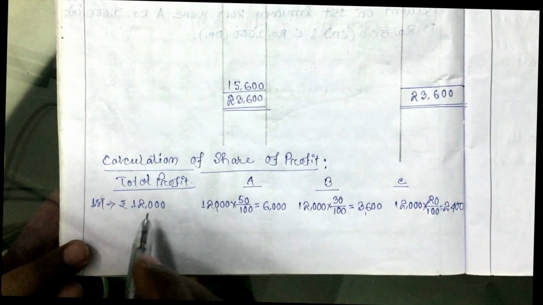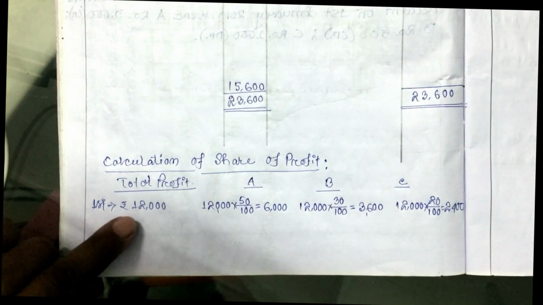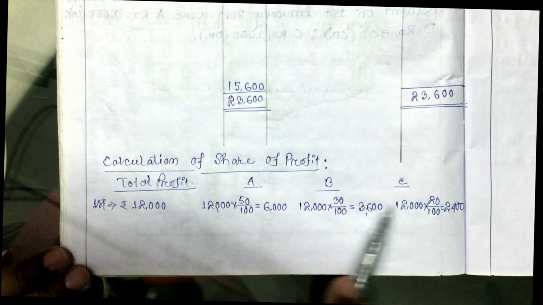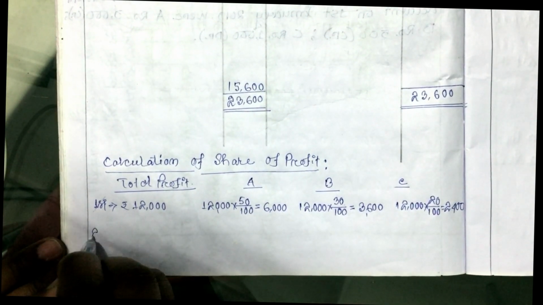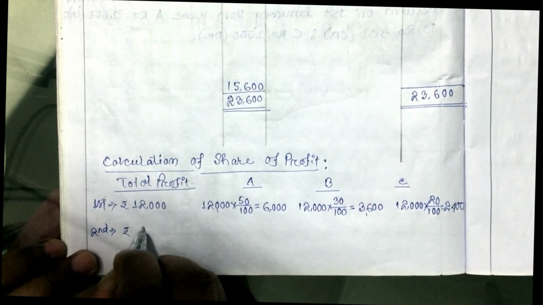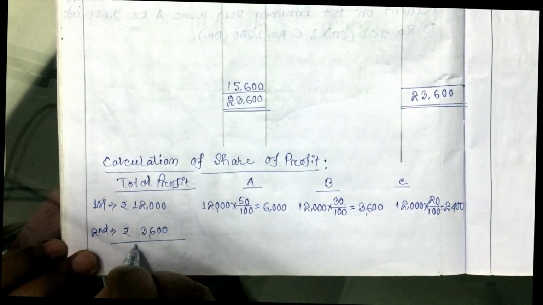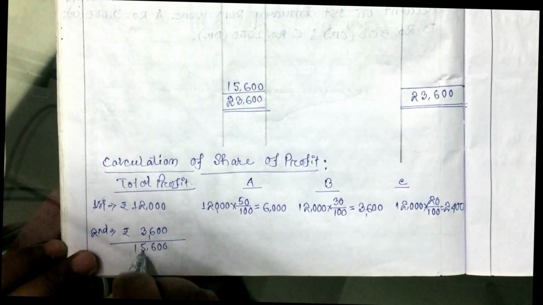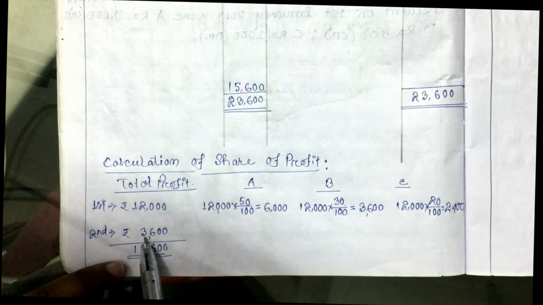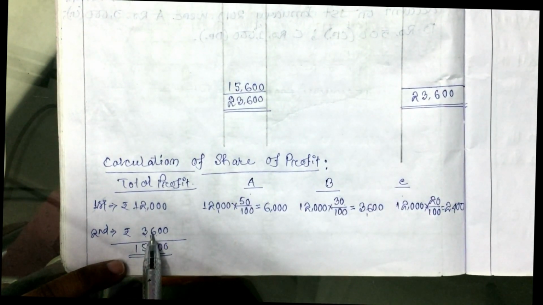Alright, then see, total divisible profit was how much? 15,600. 12,000 out of this figure they shared in this ratio, 50%, 30%, 20%. Then how much remain? Remaining part is rupees 3,600. So after distributing this 12,000 rupees, remaining 3,600, all the partners agree to share this portion equally.